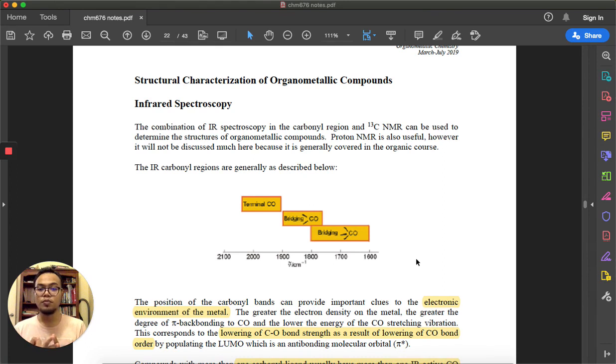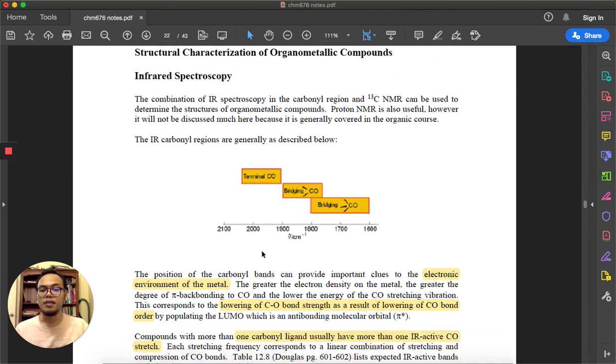But we are going to be focusing on the first two, which are IR and carbon-13 only in this syllabus, because the proton NMR, I'm sure, has been well covered in other organic chemistry courses. Now look at this. The terminal carbonyl will have a higher frequency comparatively against your bridging carbonyl.